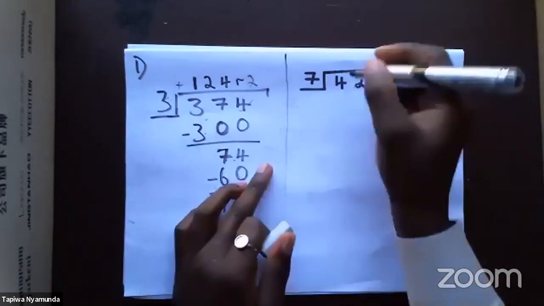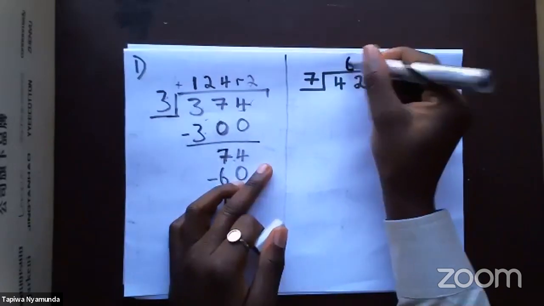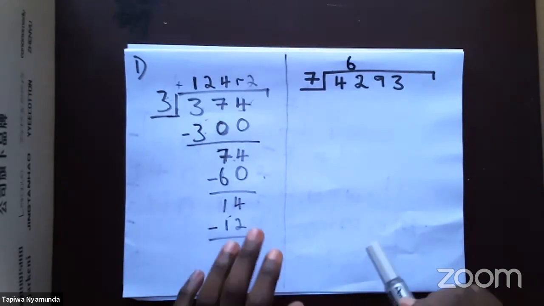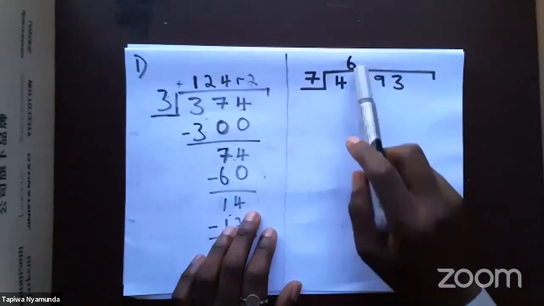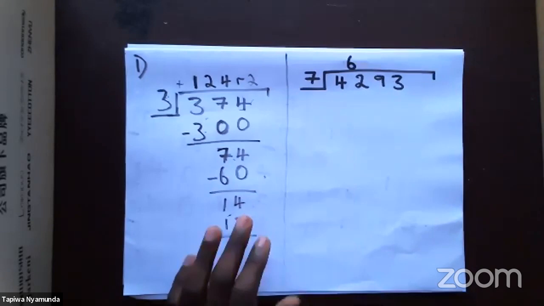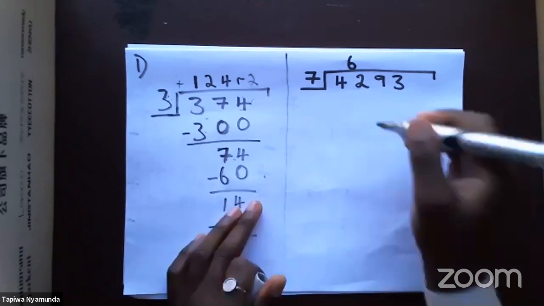Yes, because you need to be familiar with your times table, and quick on it. So we are saying we got a 6. 6 multiplied by 7, what do we get? We got a 42, right?